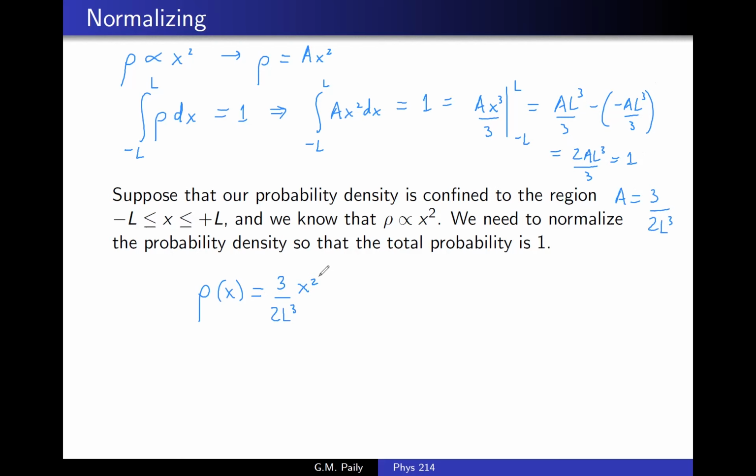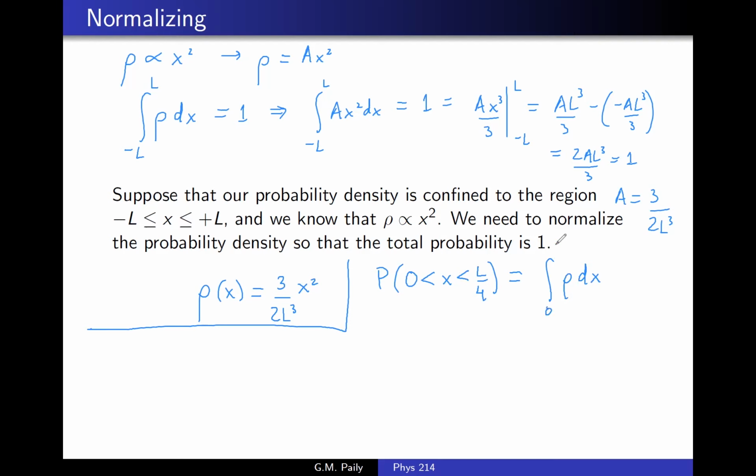All right, so that's the probability density. But how do we find probabilities from that probability density? Well, probability of what? So let's say we wanted to find the probability of finding the particle in the region 0 less than x less than L over 4. Well, what I need to do there is integrate my probability density over the relevant region.